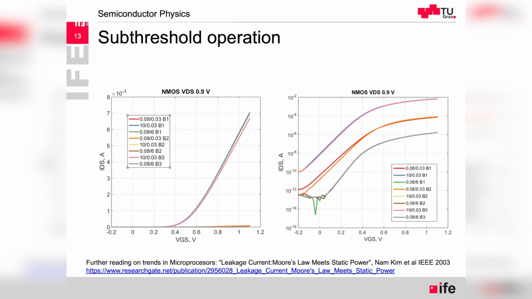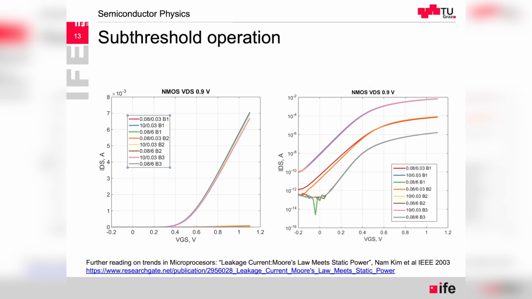For the subthreshold operation, I also give here measurements done in cooperation with our institute, where you can see, in scaled technology nodes with a power supply of only 0.9 volts, for different size transistors, how the current looks. So we are not anymore at 5 nanometers gate oxide thickness as in one of the previous examples, but here it's closer to 1 nanometer effective gate oxide thickness.